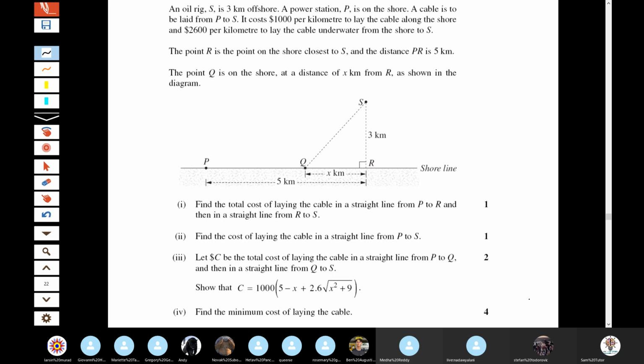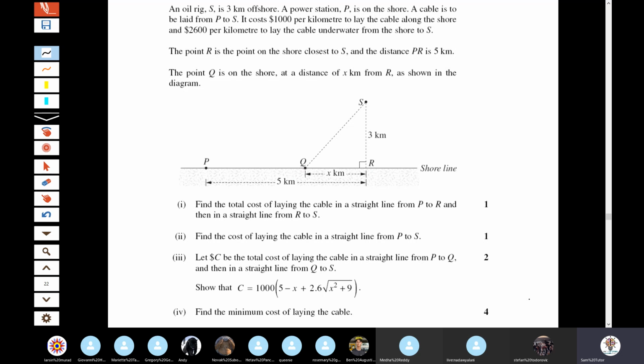Because the way you're reading, I think you read the whole thing, and I think all of you guys do that. So you read 4 or 5 sentences, but this is the way I read, and I'll try to verbally say it out loud. An oil rig S, okay, S, I look for it straight away. I find it. Is 3 kilometers offshore. I get it. So now that's offshore, S is in the sea. So I stop. Every time there's a full stop, I'm stopping.